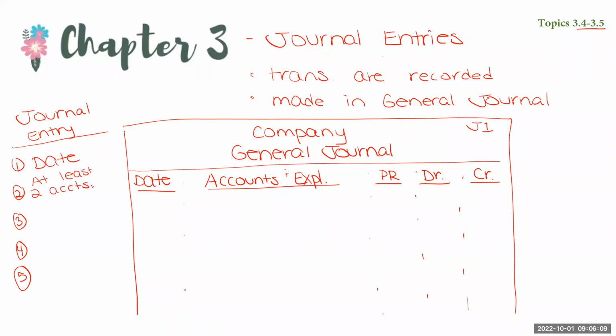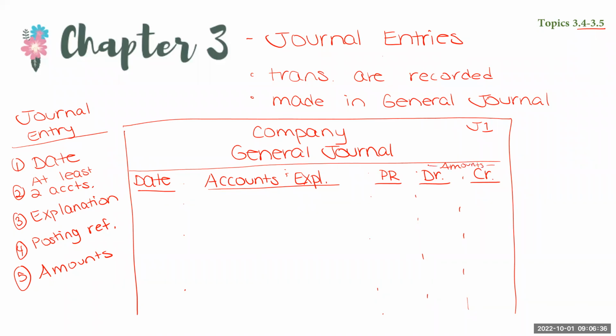It has to have an explanation of the transaction. That's going to be the easiest part. It has to have a posting reference to the company's chart of accounts. And then it has to have dollar amounts. Remember that whole monetary principle, we have to express things in dollars. So the amounts will go in either the debit or credit column.